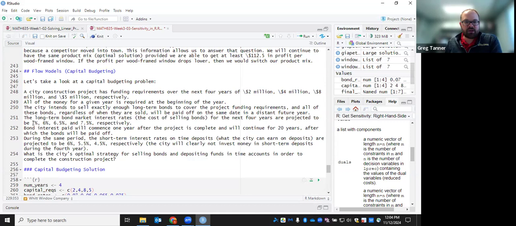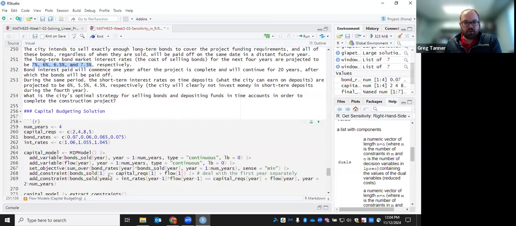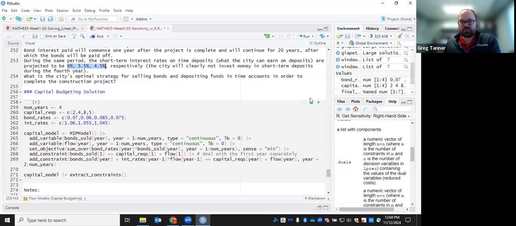We've got different interest rates for bonds sold in those years, and we want to minimize essentially the interest payment over the 20 years after the bonds are sold. So we can make short-term 1-year deposits that yield some interest, not as much as the bonds are charging, but some interest.